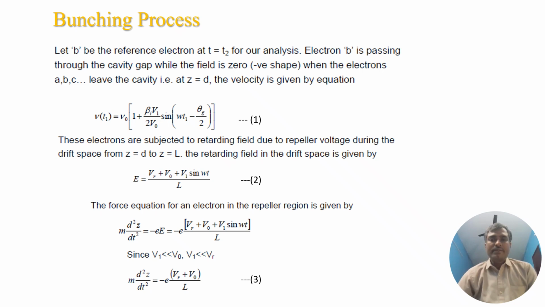Once the electron crosses the cavity gap, it experiences the retarding field in the repeller space. The value of the retarding field is given by E = (VR + V0 + V1 sin ωt) / L. Due to this retarding field, a force is exerted on the electron beam. The value of force on the electron is given by expression number 3.